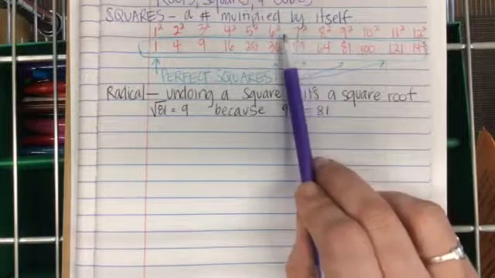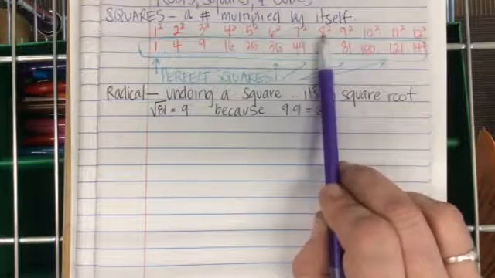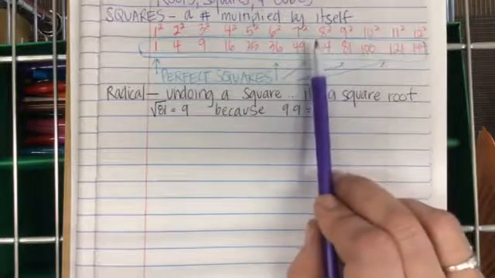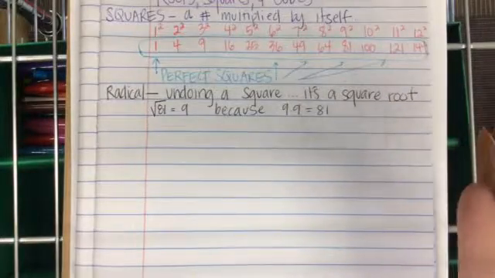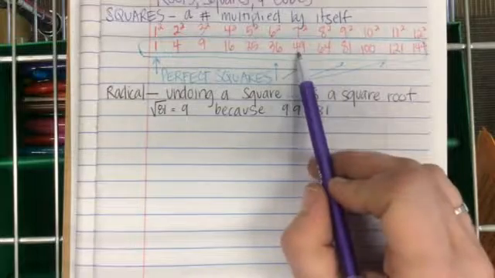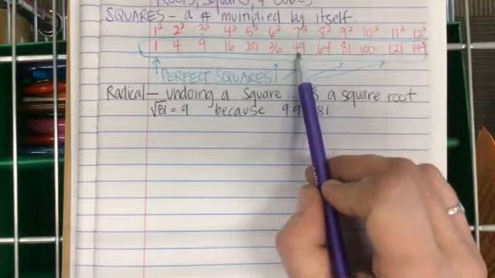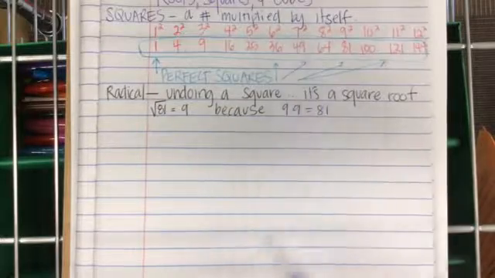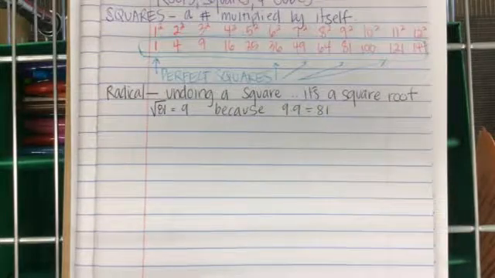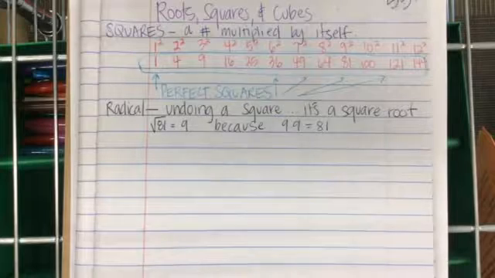Is it closer to 7 or is it closer to 8? 7, because 7 squared is 49. I mean, 50 is super duper close to 49. So it's really close to 7. Is this kind of coming back to you?